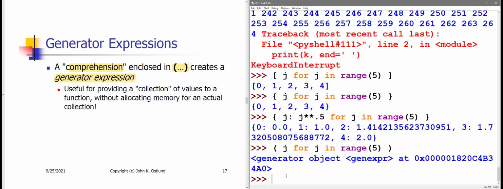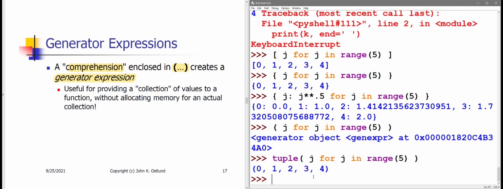Now, fortunately for me, I can use the tuple conversion function with any iterable, including a generator, to create a tuple. So I can use the tuple conversion function with this generator object to create a tuple containing the values produced by that generator object.